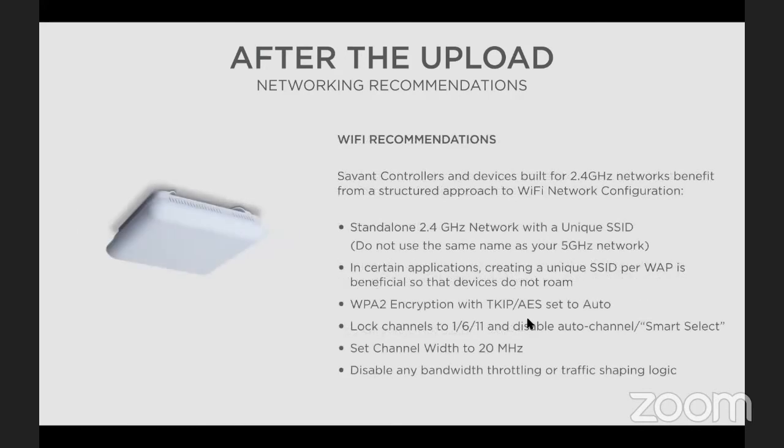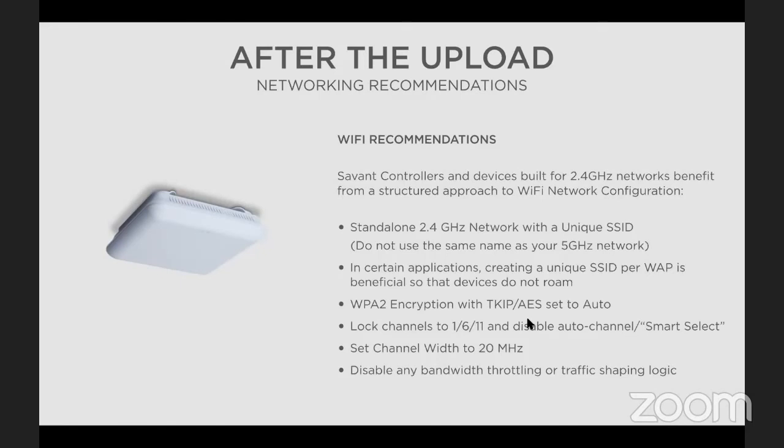Wireless. Savant recommends a 2.4 gig network, not a combo 5 gig 2.4 network. If you think about all of the communication that's happening, the 5 gig network has no benefit to any Savant gear. They are not transferring that much information.